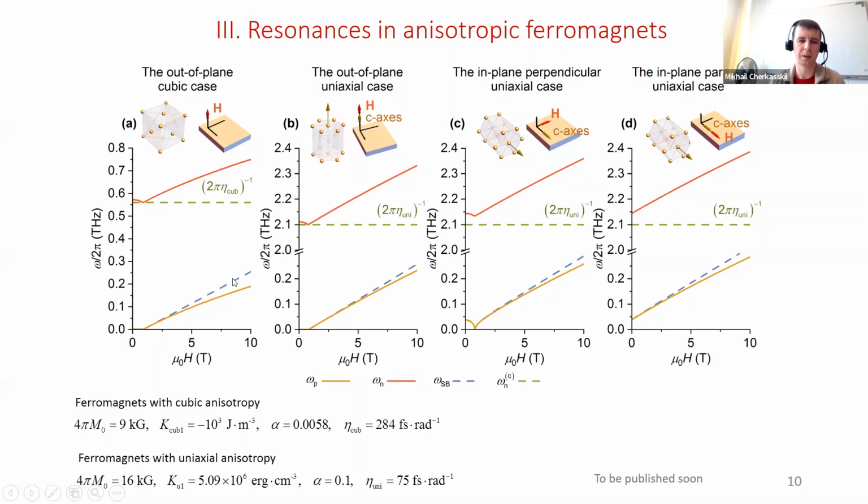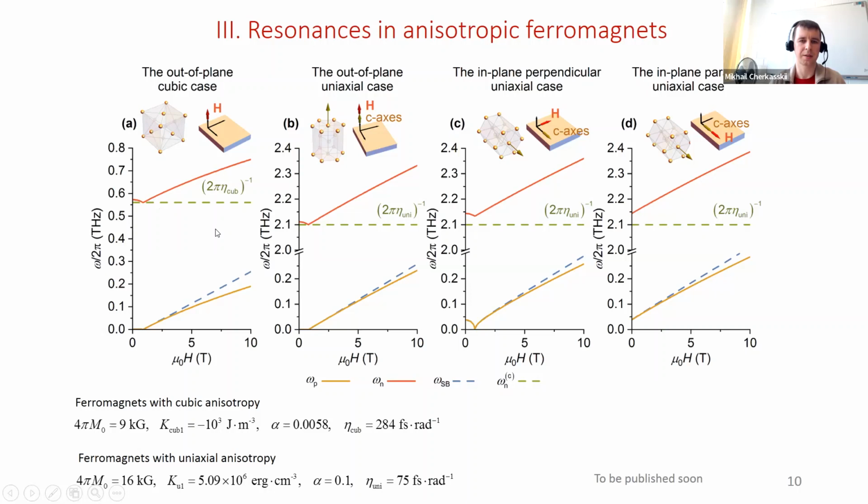So there's a difference between the dashed blue line and the solid orange line. And next here we have nutation resonance at terahertz frequencies with a green dashed line. We plotted the estimation of the nutation resonance frequency. And if we include anisotropy in our consideration, then the dependence of nutation resonance frequency on the magnetic field can be seen as shown here with red solid lines.